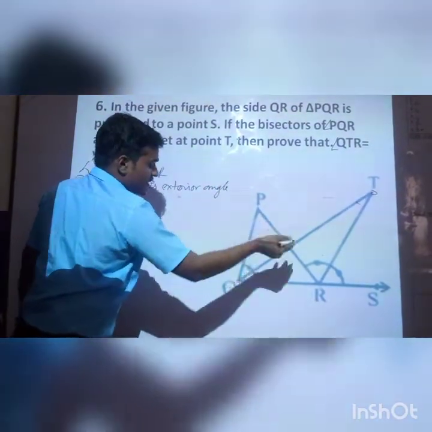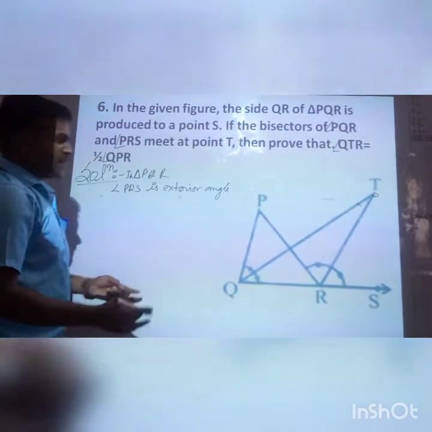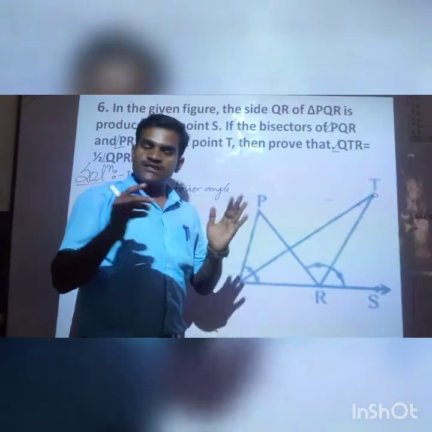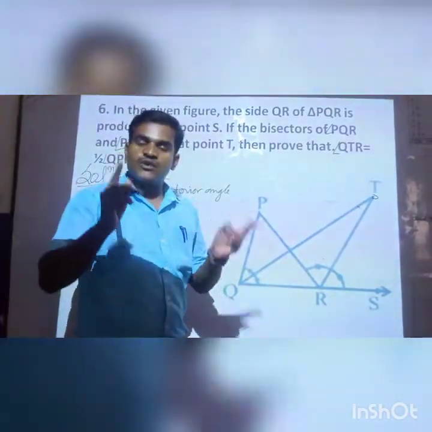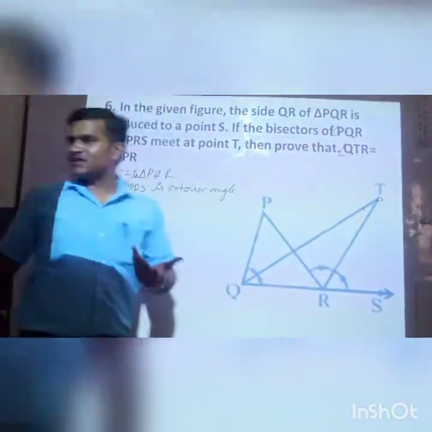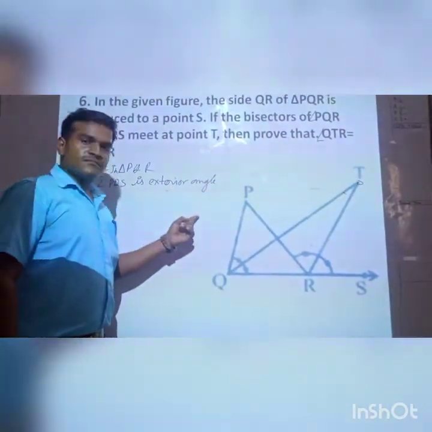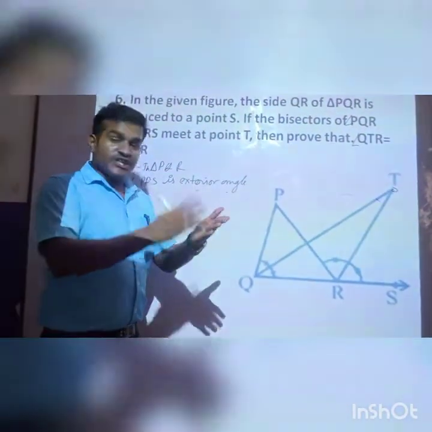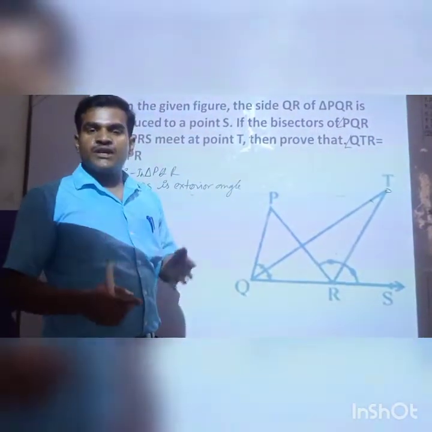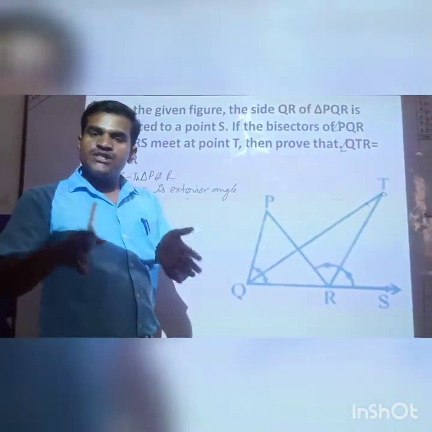By the theorem, the exterior angle of a triangle is equal to the sum of its opposite interior angles.